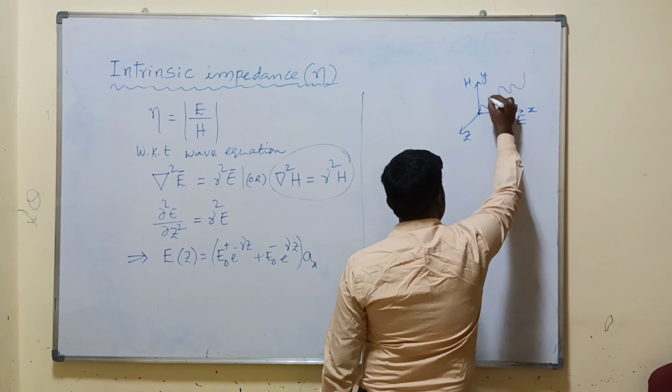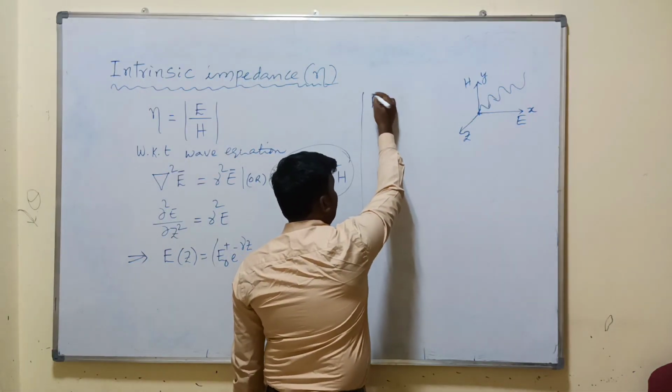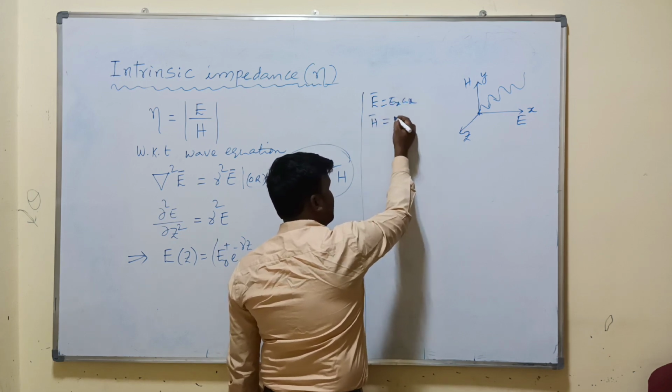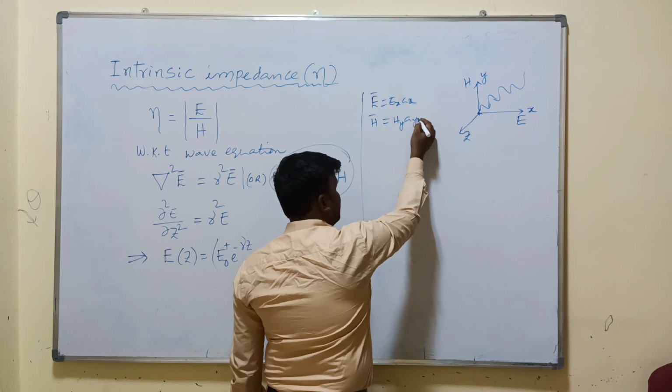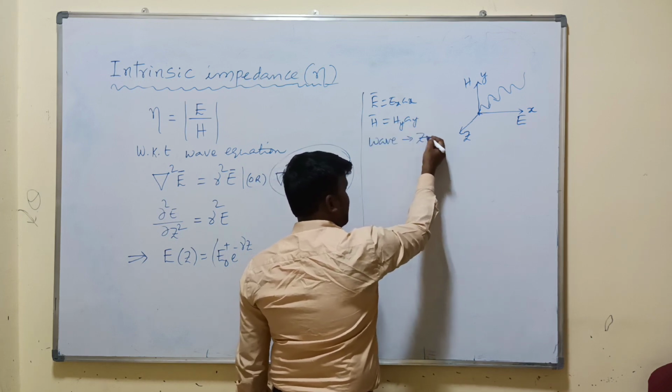That is Ex Ax for the electric field, Hy Ay for the magnetic field, and the wave along Z.